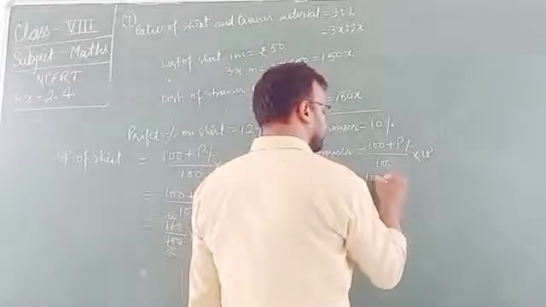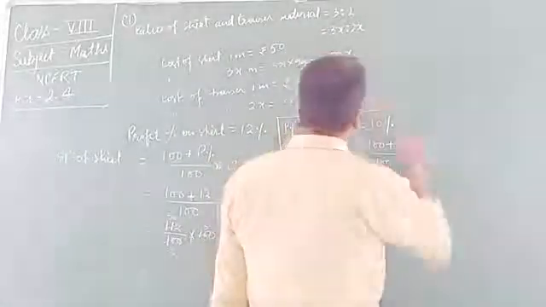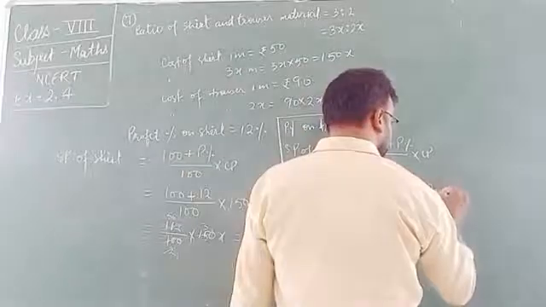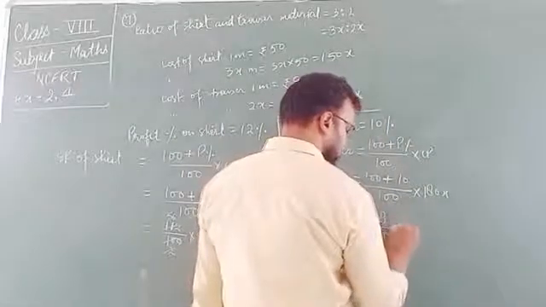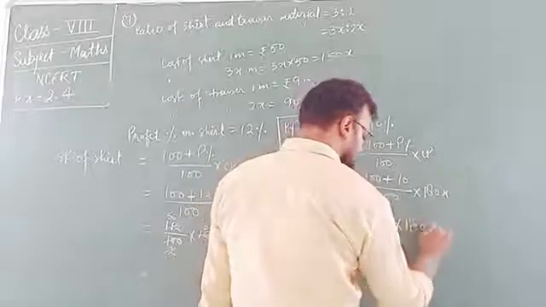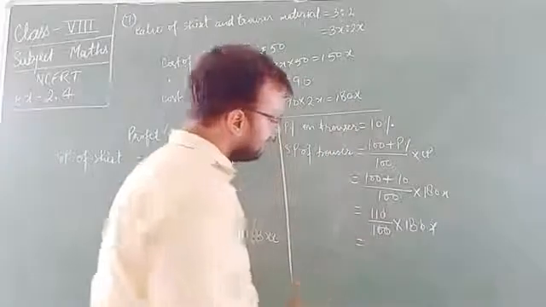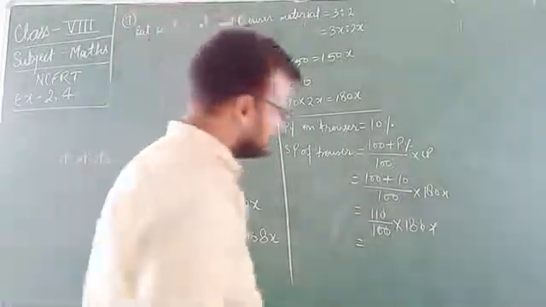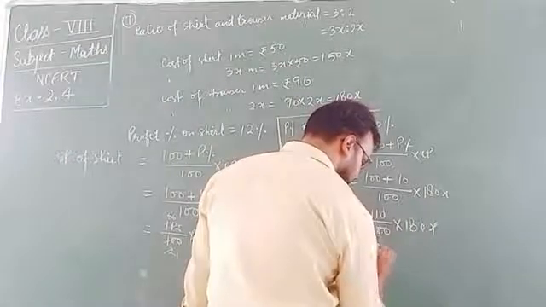That is 110 upon 100 into CP, which is 180x here. Solve this: 110 upon 100 into 180x. Zero, zero cancel out, and we get 198x.